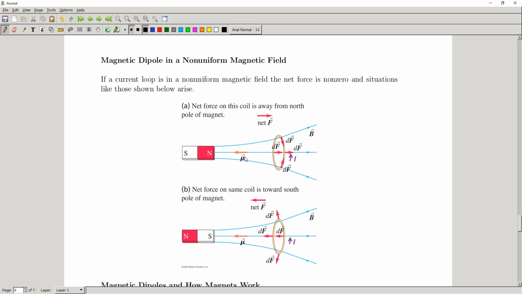So if you do that, you use the right-hand rule for this, and then you also use the right-hand rule for the force experienced by a current in a magnetic field, right?